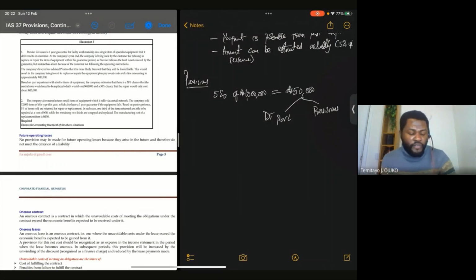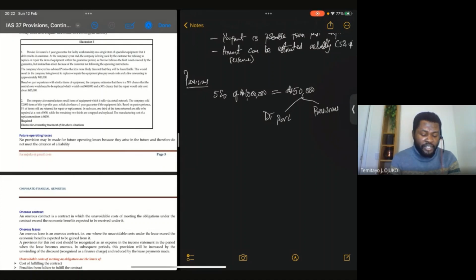Now, for guarantee, very similar to warranty, so that's why I'm not going to dwell on the explanation of what a guarantee is. Proviso Co issued a 1-year guarantee for faulty workmanship on a single item of specialist equipment that is delivered to its customer.